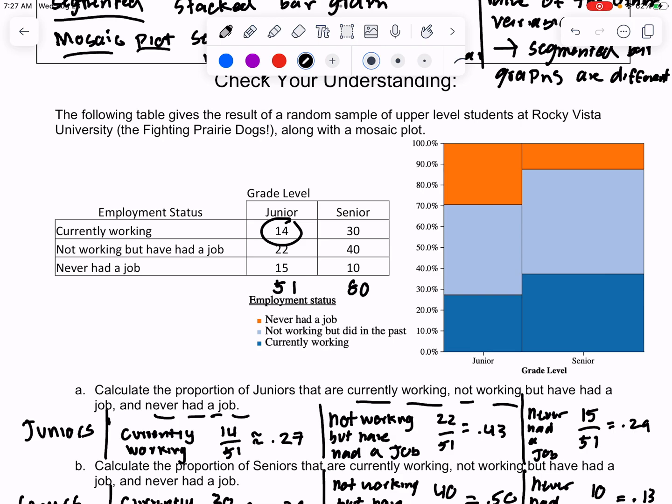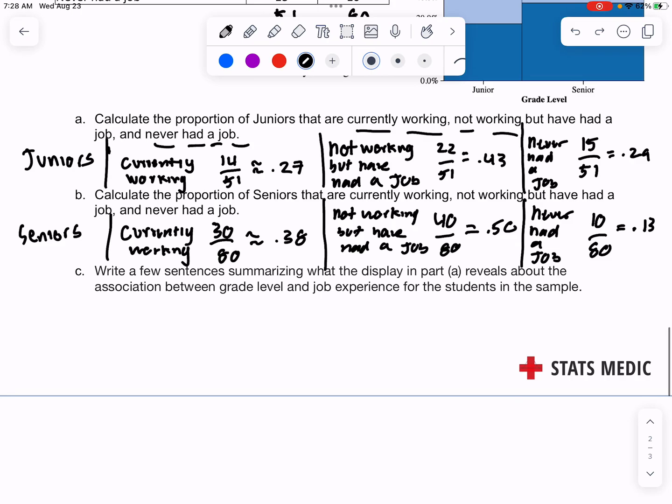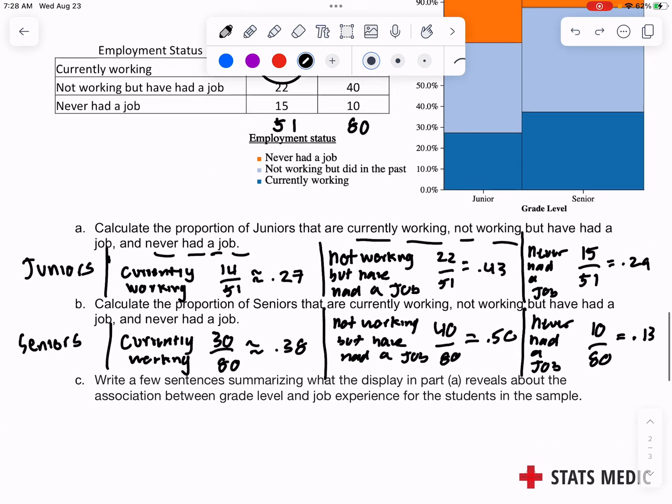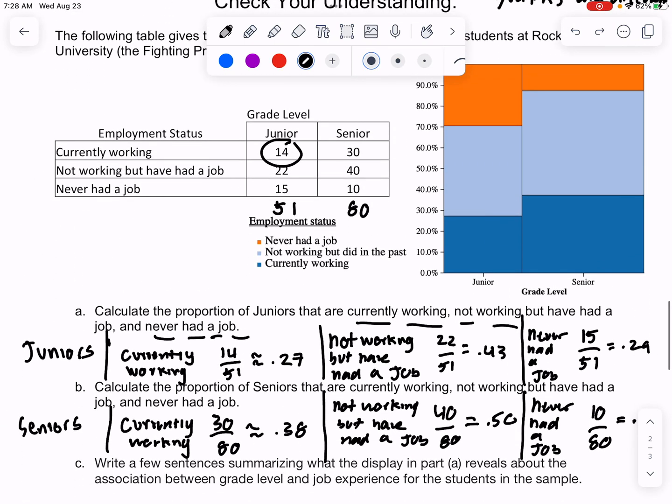We know we sampled more seniors than juniors, so that's why it's a mosaic plot, which is why the width of seniors is bigger than the width of juniors. And the bars aren't the same. It looks like more seniors, for example, are currently working, as well as more seniors are not currently working but have had a job than juniors. So there is an association because the graphs aren't the same.